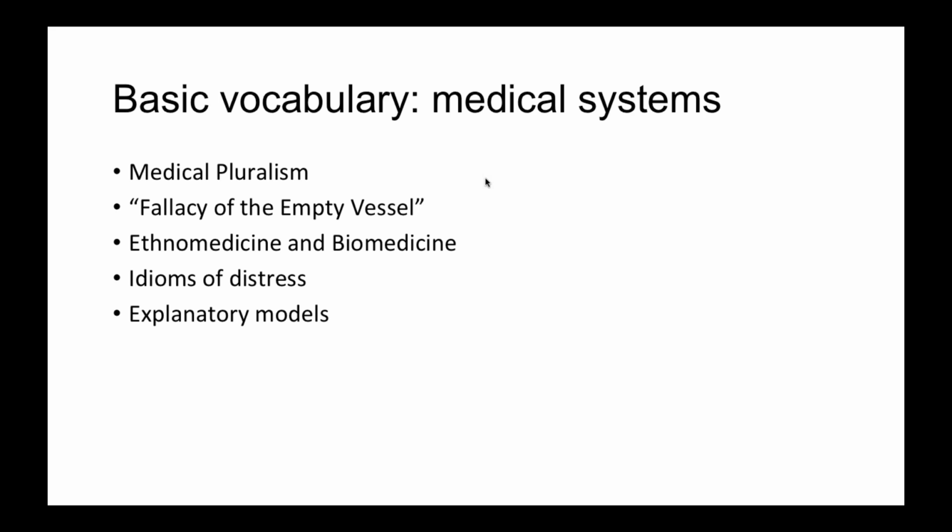So people living in just about all societies have the opportunity to take advantage of different kinds of medical systems. I think that this is important, and the way in which people talk about their problems use particular kinds of idioms. And then what Arthur Kleinman has made famous is this idea of people's explanatory models. Obviously, this isn't a book like The Spirit Catches You and You Fall Down.